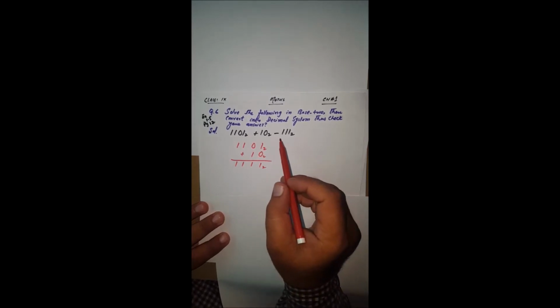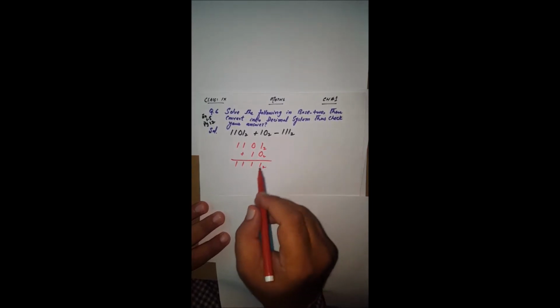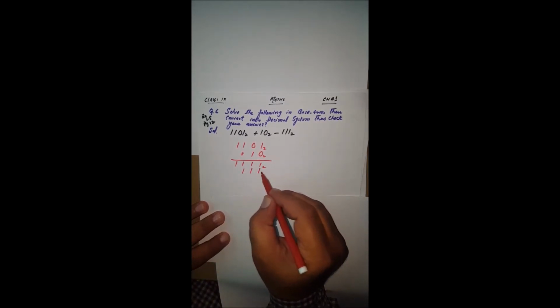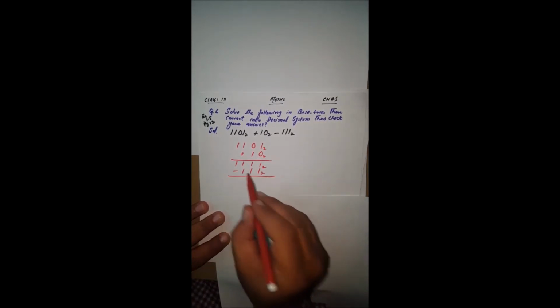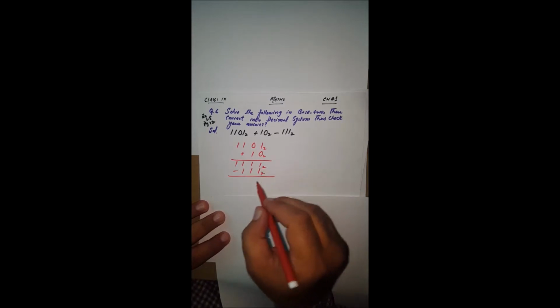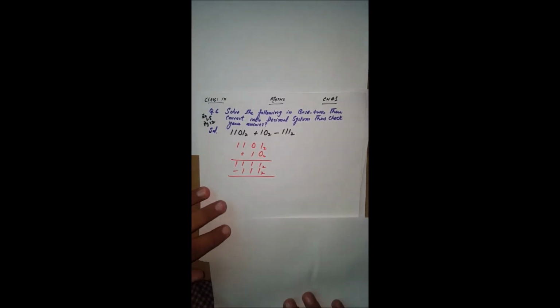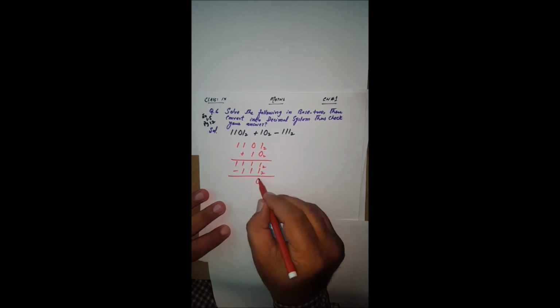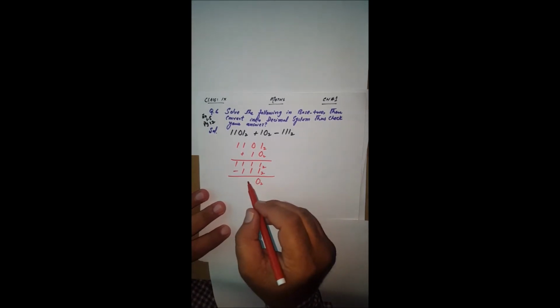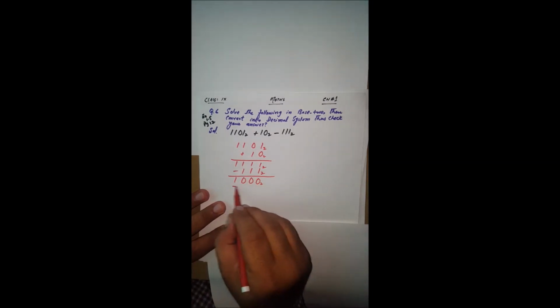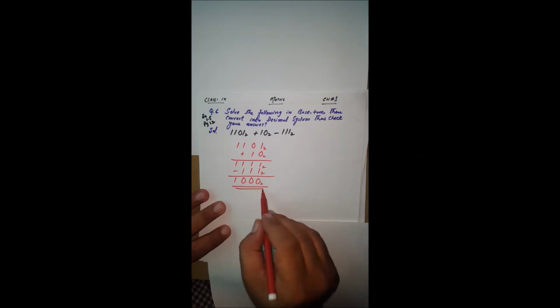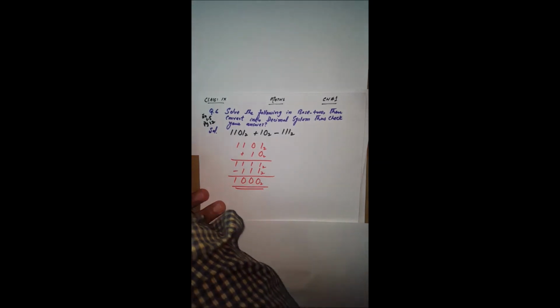Now we have to subtract the number 111 from the given answer. 1111, we have to subtract 111. 1 minus 1 is equal to 0. 1 minus 1 is equal to 0. 1 minus 1 is equal to 0, 1. So this is the answer of the question.